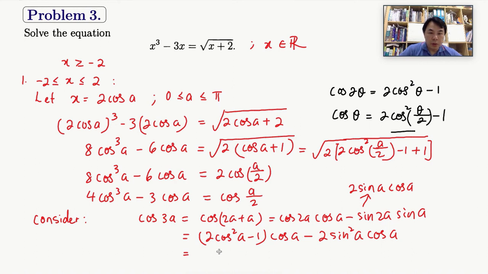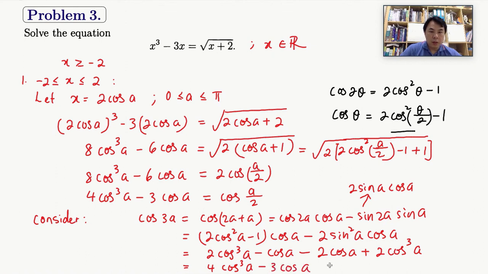And then by a bit of rearrangement, we have 2 cosine cube A minus cos A. And then from here we can also apply one of the trigonometric identities. We will be able to get 2 cosine A plus another, that will be 2 cosine cube A. So you can see that we have indirectly obtained 4 cos cube A minus 3 cosine A here.